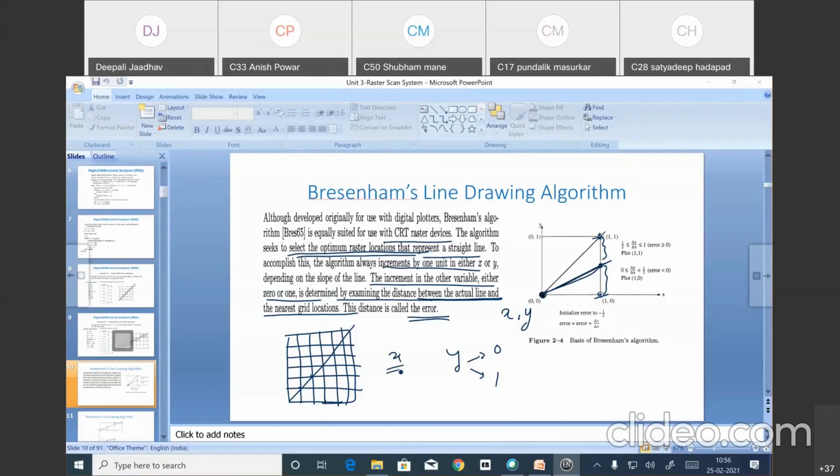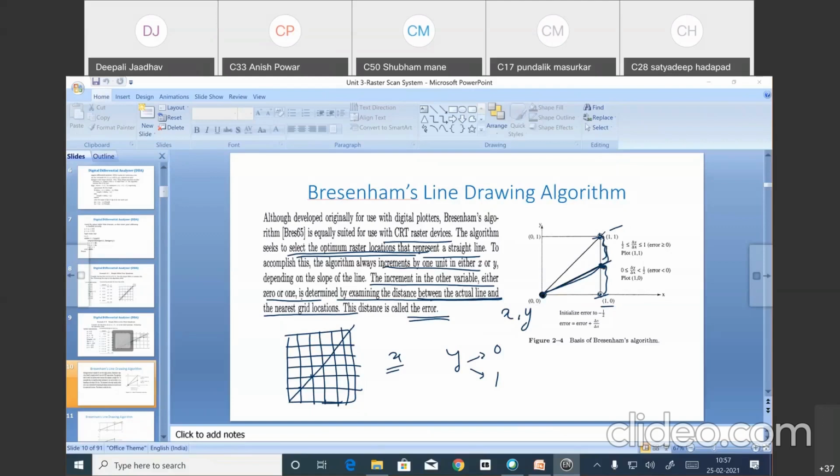The other variable may be either increased or kept as it is, 0 or 1. The increment in the other variable is determined by examining the distance between the actual line and the nearest grid location. This is one grid location, 1, 0, and this is another, 1, 1. Which one to select? This distance is known as error.